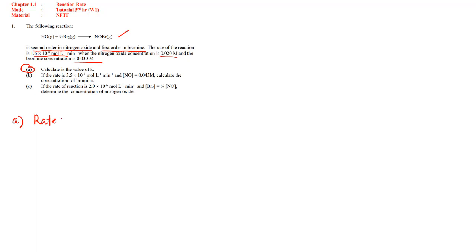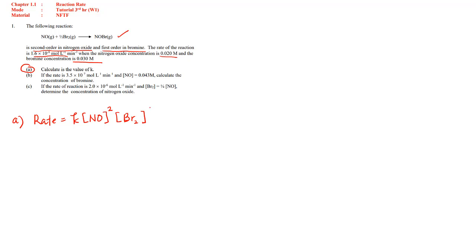So write down the rate law first. Rate equals K times concentration of NO to the power of 2. Where does the power of 2 come from? Because it is already mentioned in the question: second order in nitrogen oxide, times concentration of bromine.